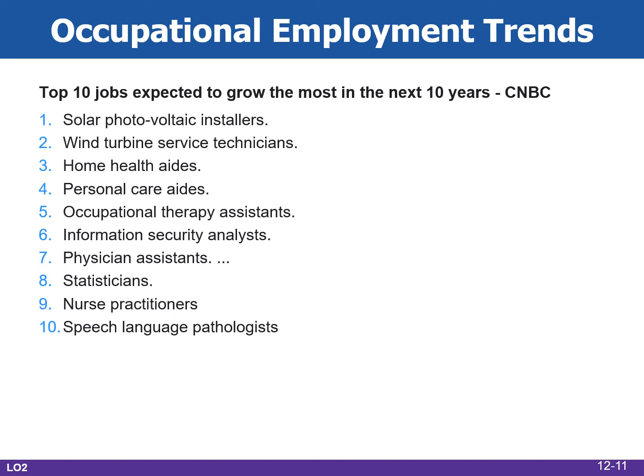Numbers 3 and 4 are definitely related to the demographic shift of the United States. An older population is going to need more home health aides and more personal care assistance. Notice that a lot of these top 10 are in the healthcare industry. Number 5 is interesting, occupational therapy assistants.